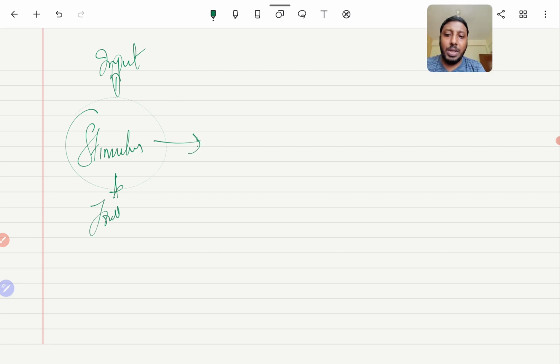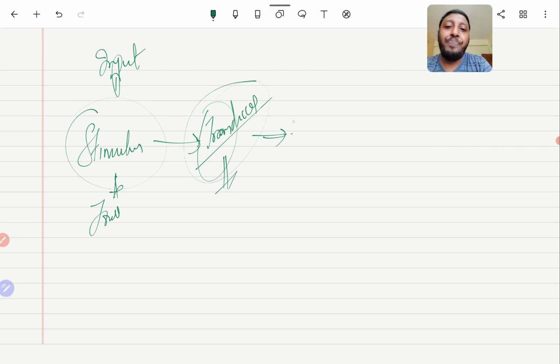This is converted into electrical signals by a transducer, some sense organ, like the touch receptors, pressure receptors, proprioceptors, stretch receptors, converting this sensation into electrical information. The transducer is not very important here, but I just told you.